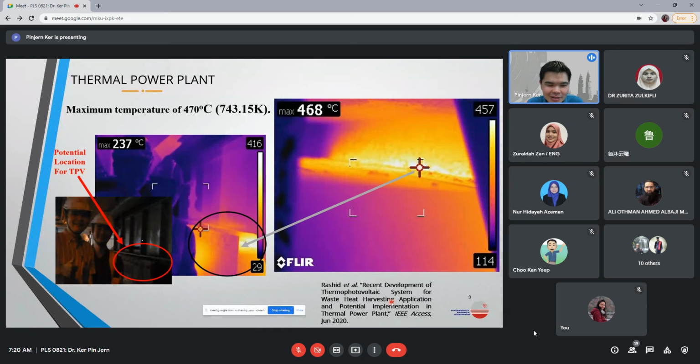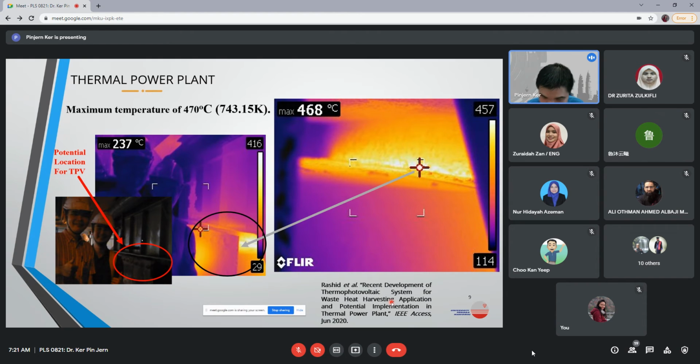In just a small power plant, you have temperatures up to about 700, 800 Kelvin. This is quite a normal area where people don't really worry too much about their insulation and things. That's why you have so much waste there. So this is just a picture that we have taken from a thermal power plant. We see that easily you can get temperatures of 500 Kelvin to about 700 to 800 Kelvin.